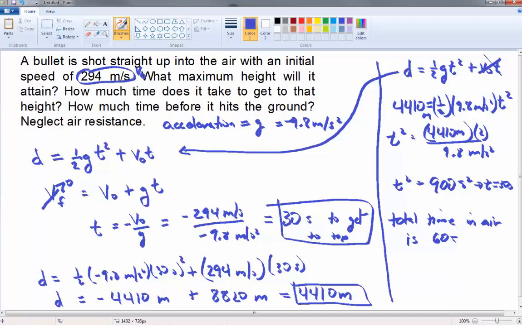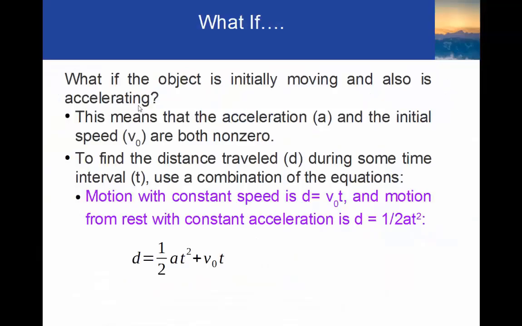What we've done here is essentially make use of this fact that you have an object which is initially moving, that is, the bullet has an initial upward velocity, and it has a uniform acceleration.